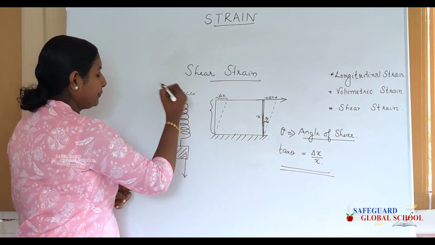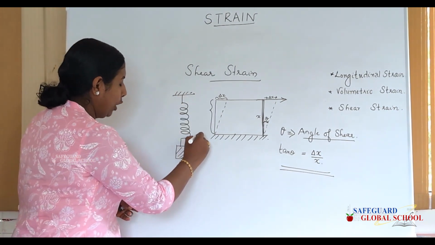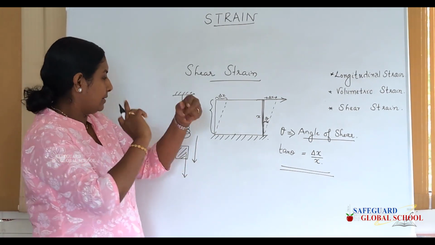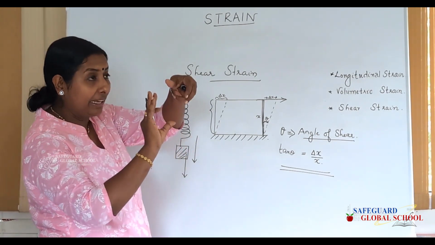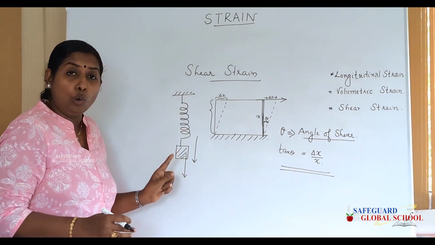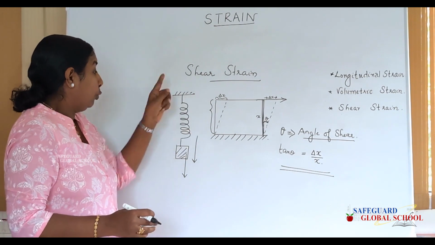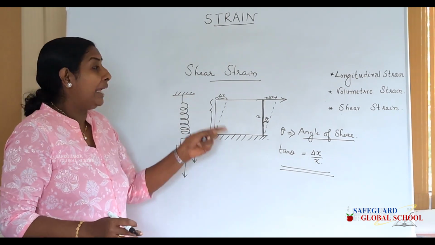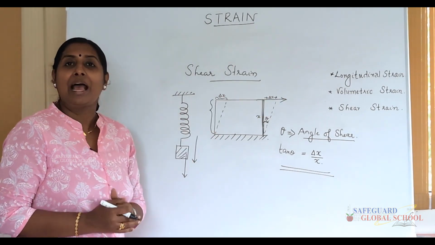Overall there is an extension, and also since it is a coil-like spring, there can be a shear also. So a spring with a load is an excellent example where both shear and longitudinal strain are happening.